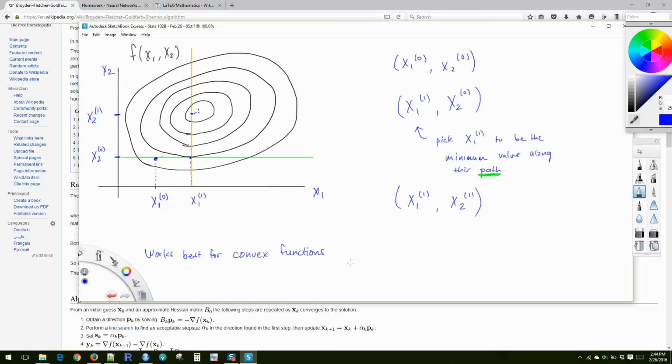Well, I'll think about this over the weekend for you guys. But we'll leave it at that. Works best with convex functions.